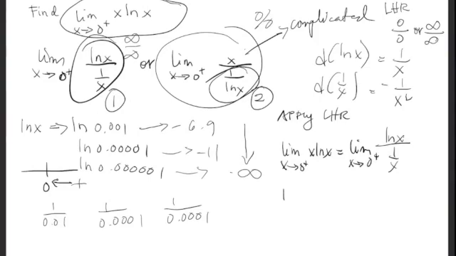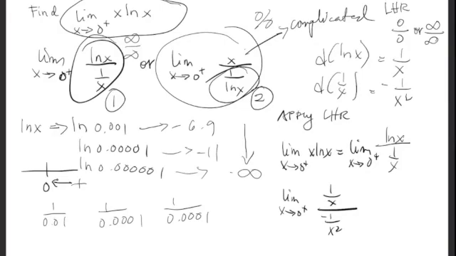So we get the derivative now of ln of x, which is 1 over x. Then derivative of 1 over x is negative 1 over x squared. Okay? Now let's proceed. Let's test again. Do we have an answer? Is it still 0 over 0?